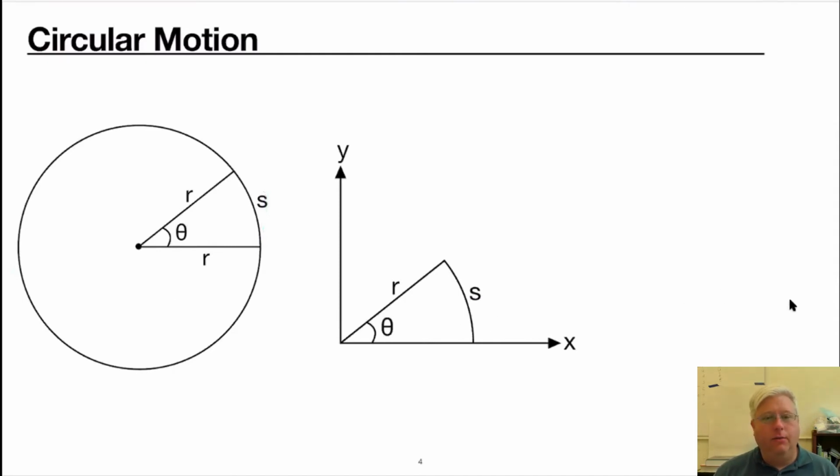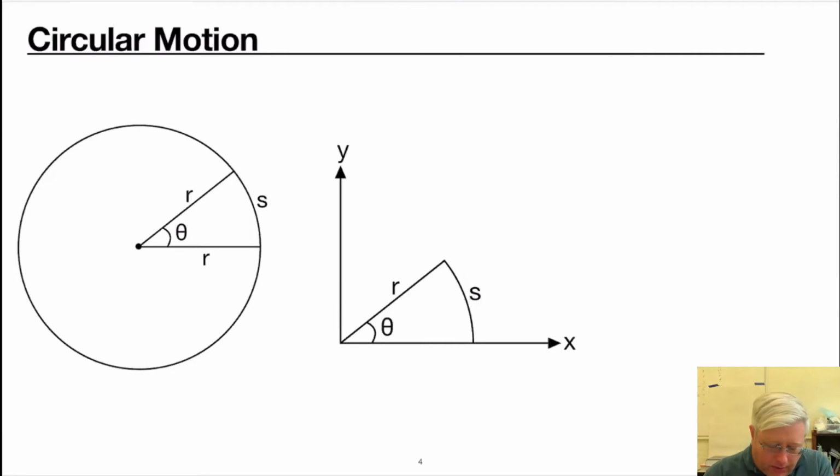Like with linear motion, we were able to describe the position of an object during uniform motion. Well, we could do the same thing for an object in uniform circular motion. The way we do this is by describing the angle with respect to the positive x-axis. We did that previously when we reviewed trig, to describe the angle or the direction of a vector.